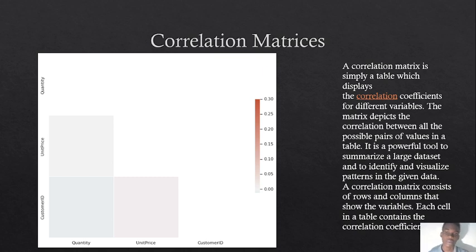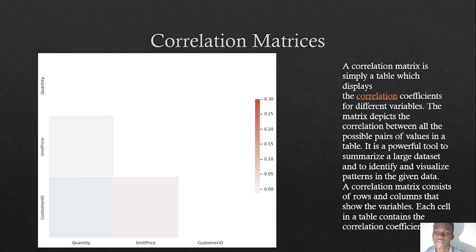So with correlation matrices, we are saying that a correlation matrix is simply a table which displays the correlation coefficients for different variables. The matrix depicts the correlation between all the possible pairs of values in the table.